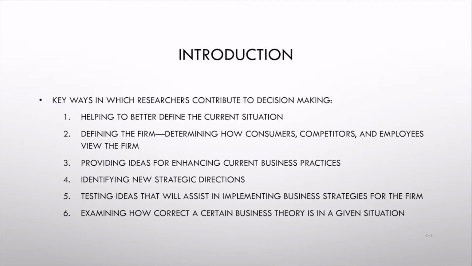And then defining the firm. And that's determining how consumers, competitors, and employees view the firm. So it's not enough just to have your own identity. How do other people, how do other entities view you? Providing ideas for enhancing current business practices.